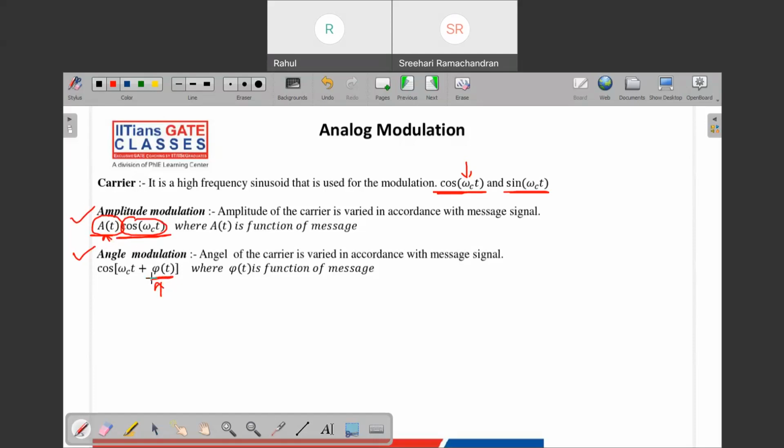Later on we will see that there are two types of angle modulation, one called phase and one called frequency. That we will see later on. So first let's focus on amplitude modulation, where we have a carrier whose amplitude is being modulated by the message, and that's why we call it amplitude modulation.